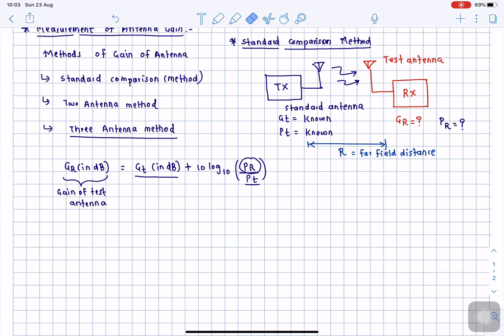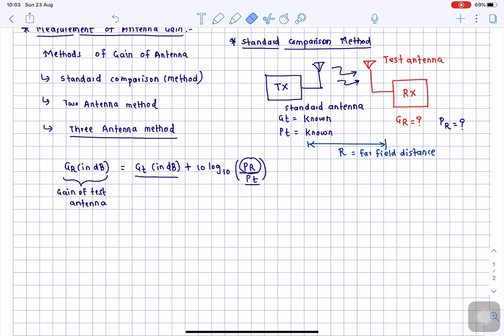And we will proceed further with another technique which is commonly employed and very popular in the measurement of gain of the unknown antenna, because it makes use of not only one or two, but of 3 different antennas.